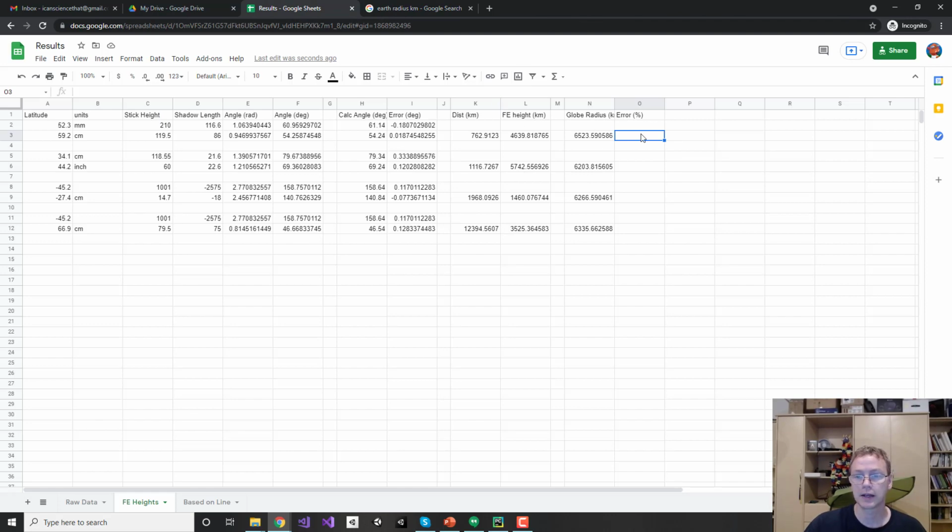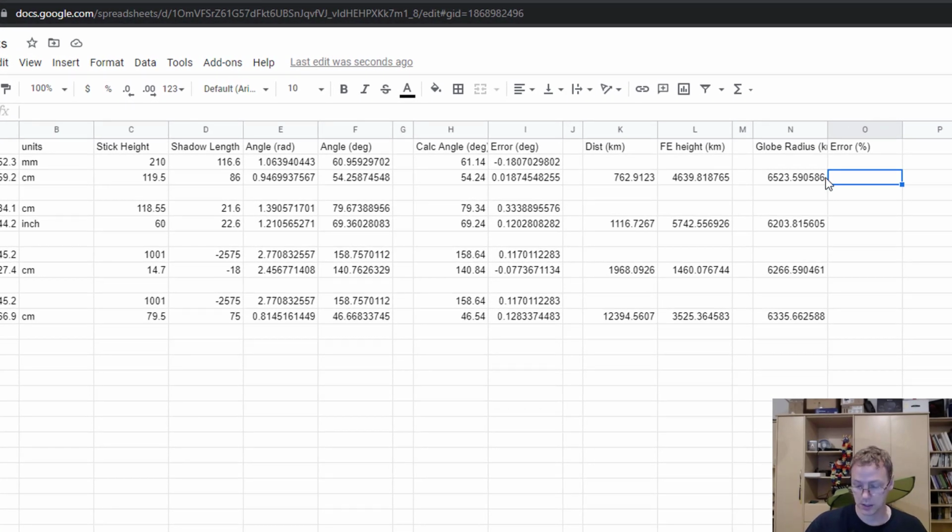Let's see what we got. I'm going to say equals that number minus the 6,371 quantity. I want it as a percent, so I'm going to multiply by 100 and divide by the correct answer. It doesn't like the commas.